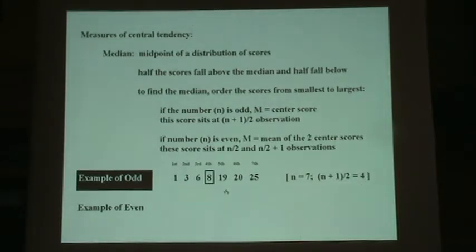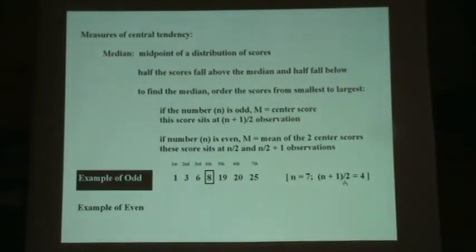So we know that the fourth score here would be the median. Because the number of scores is 7, we add 1 to 7 and divide by 2. As an example, if the number of scores were, let's say, 49. The number of scores is 49. That's an odd number.